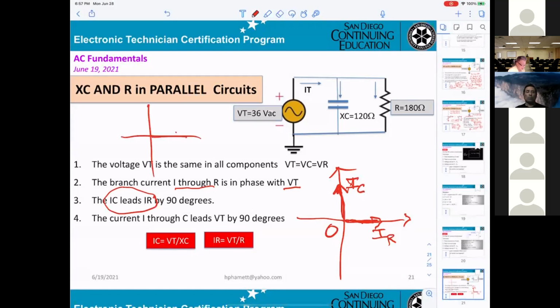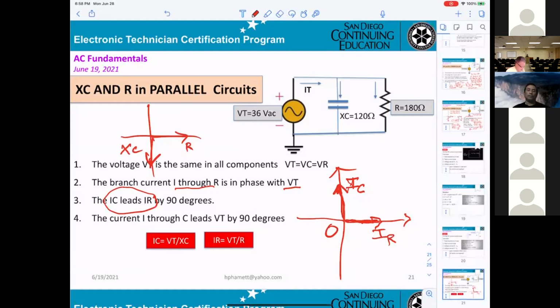You draw IR here, and you want to draw IC. We already know IC leads by 90 degrees, so IC has to be going down. Okay? Make sure you can follow that.